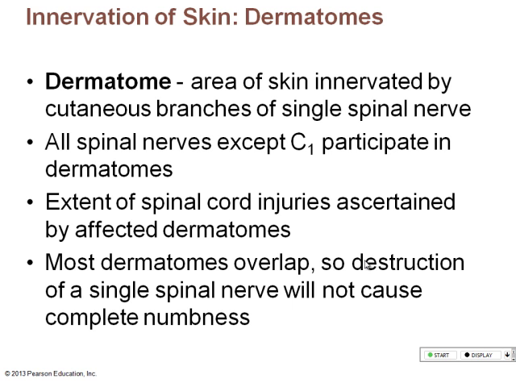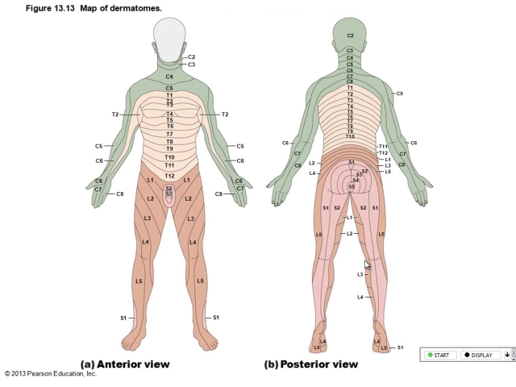And then judging by reactions to touch in those areas, it gives the doctor some sort of beginning assessment for those nerve groups. Most of the dermatomes overlap a little bit. And we see that in figure 13.13 on page 510.